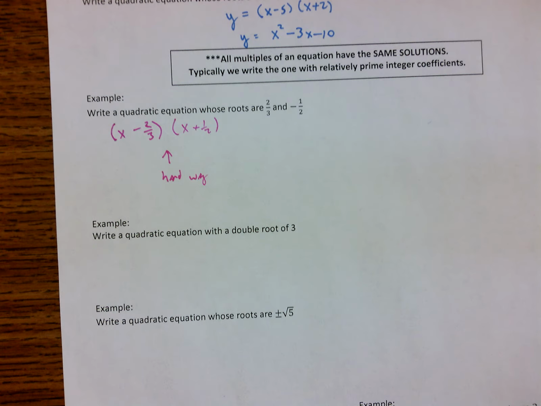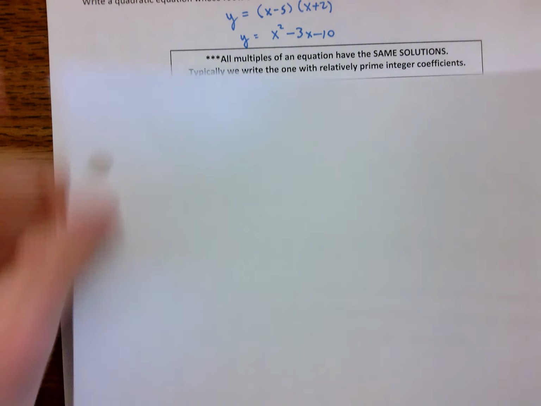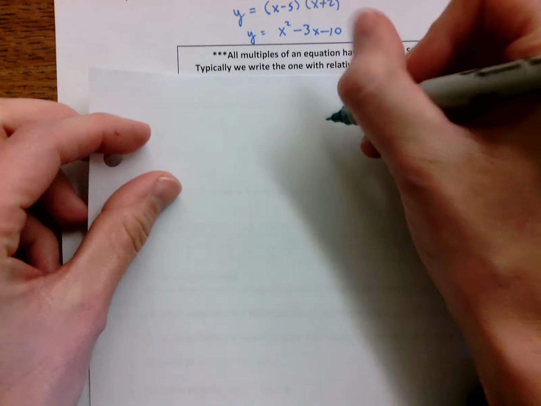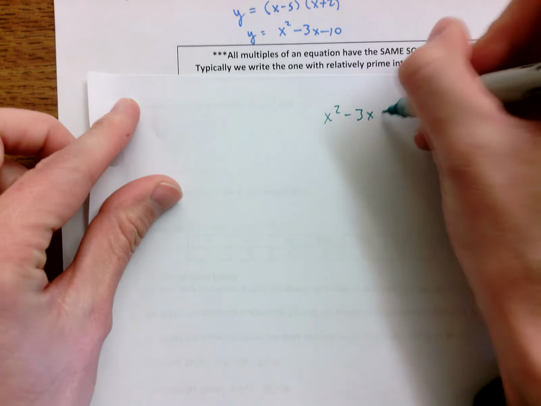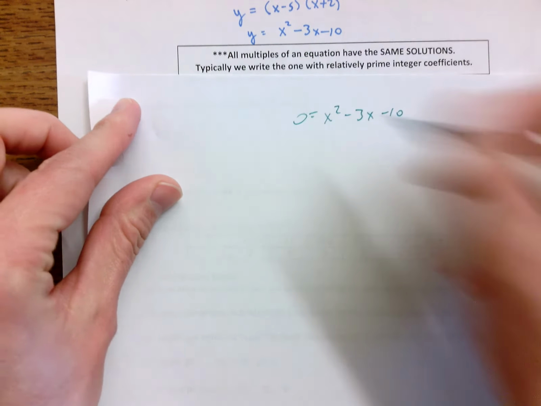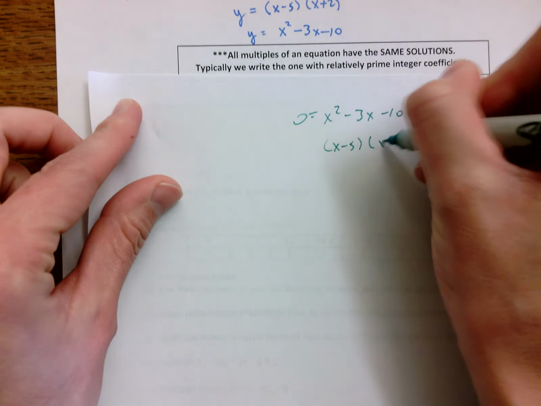Okay, so here's the easier way of thinking about it. Instead of approaching it by setting it up like that, I'm going to work backwards. Okay, so what do I mean by that? Typically when we're solving a problem, right, we start with something like x squared minus 3x minus 10 equals 0, right? And then we factor it, right?